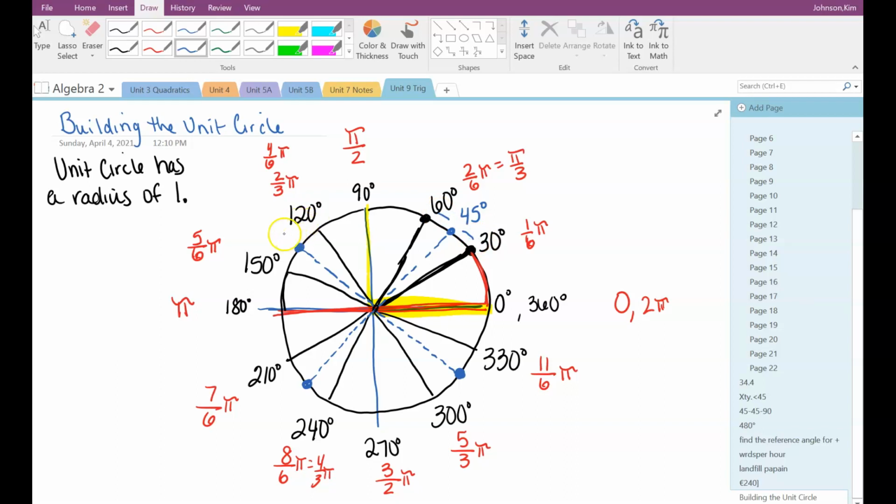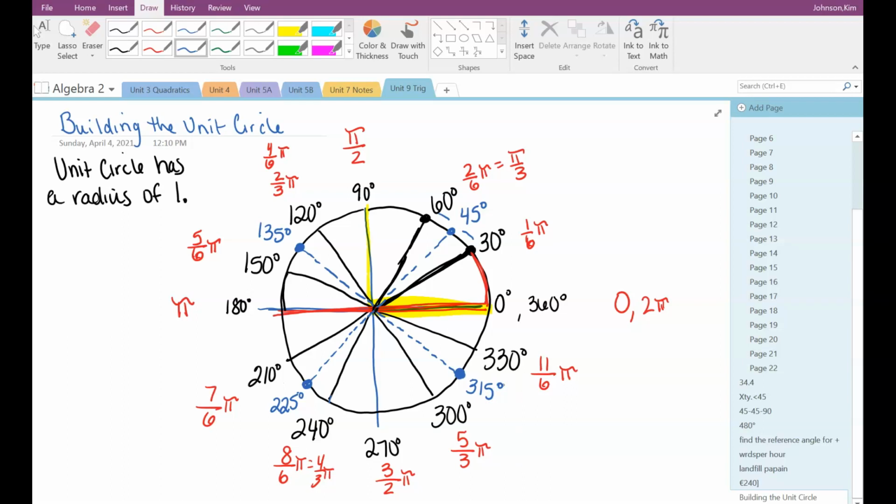I can take 120 and add 15 to it to get 135 here, or do 150 minus 15 to get 135. Same thing here, I can do 210, add 15 to it to get 225. And then same thing here, add 15 to 300 to get 315 degrees. So now I have my unit circle completely drawn out in degrees.